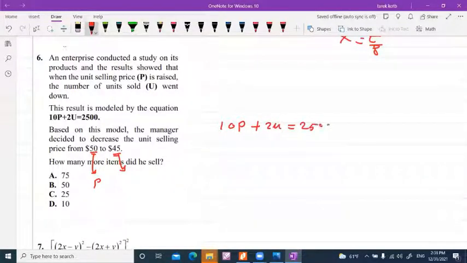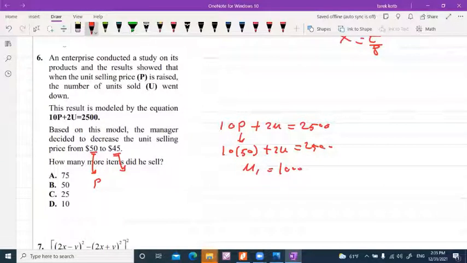If you replace the unit price p by 50, it will be 10 times 50 plus 2u equals 2,500. This is the equation in u. If you solve it, you get u1, which is 1,000. Take this to the other side and divide by 2. This is u in case of p equals 50.